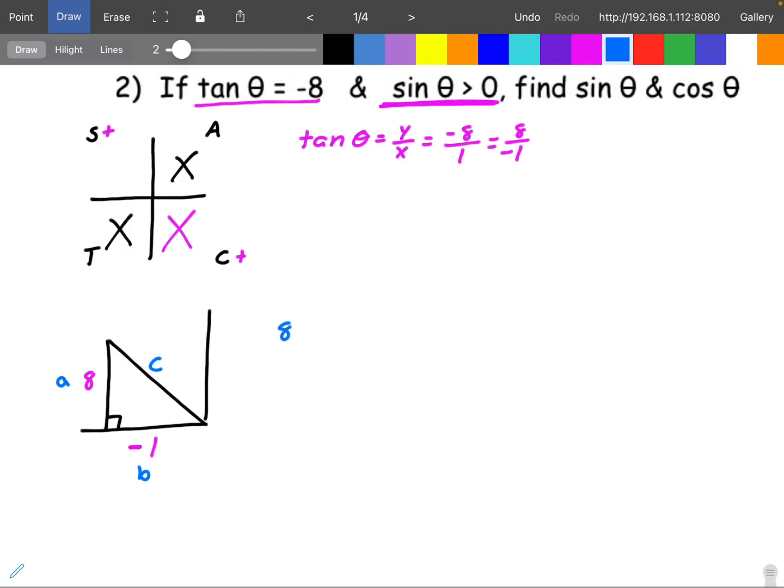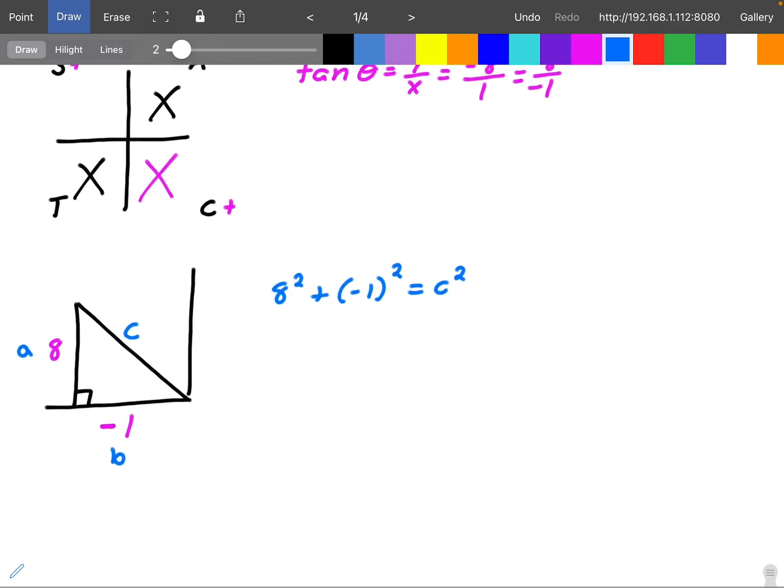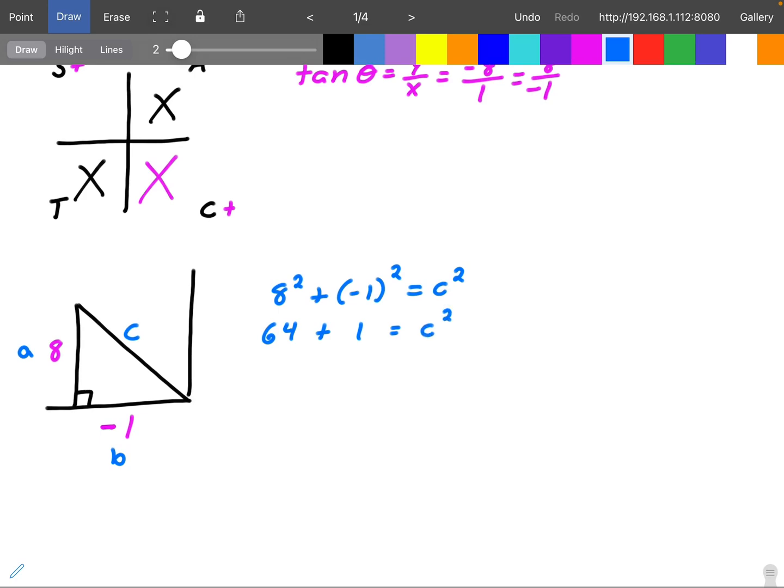So we have a squared plus b squared equals c squared. So 8 squared is 64 plus -1 squared is 1, and that equals c squared.